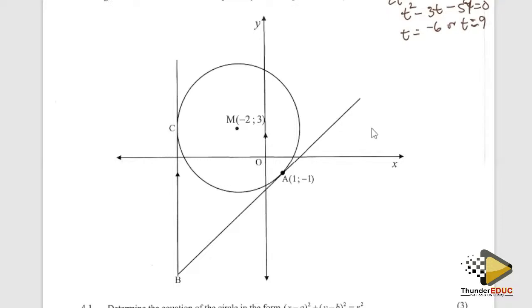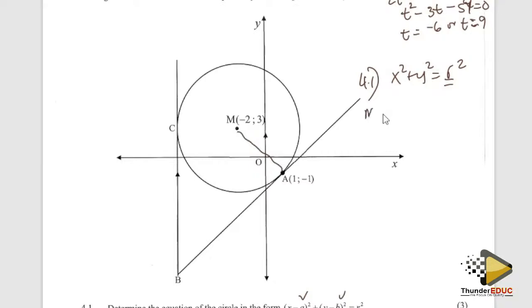So what we need to know is that the general equation of the circle is x squared plus y squared is equal to r squared, that is if the center is at the origin. If it's in this format, we know that a and b represent the center coordinates. So what we are looking for is just the r, which is the radius. But I can use the points M and A and get the distance.